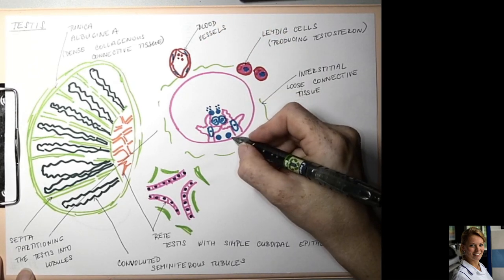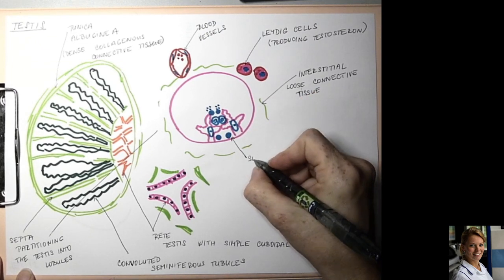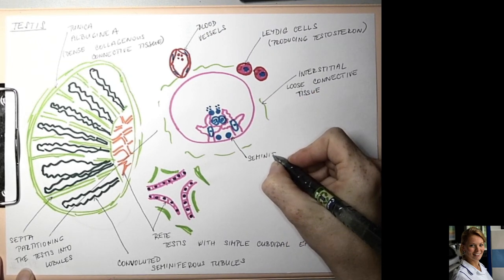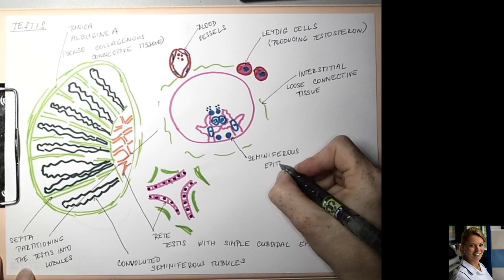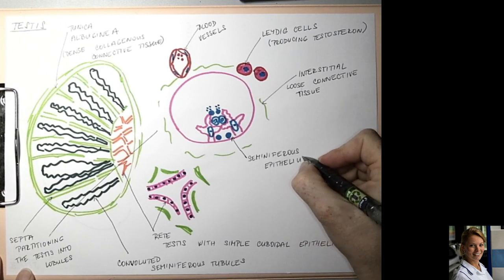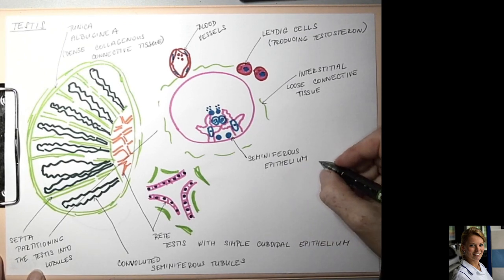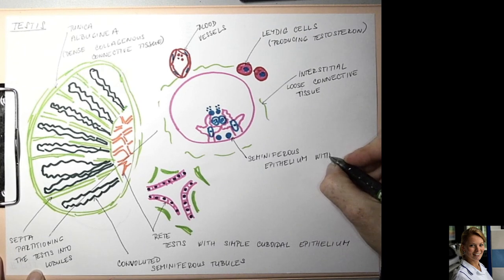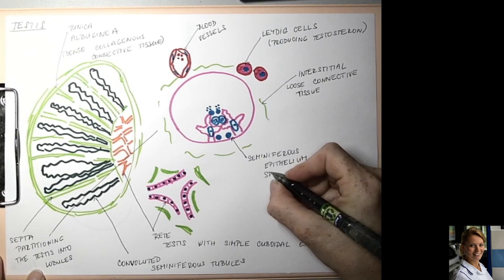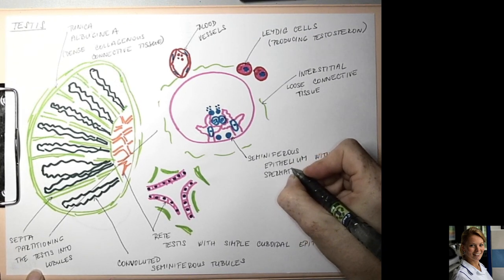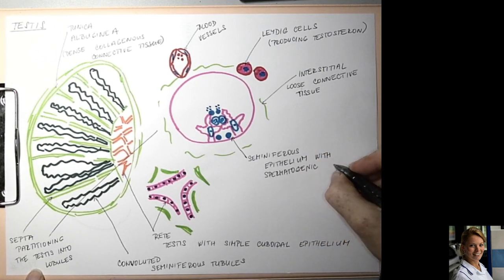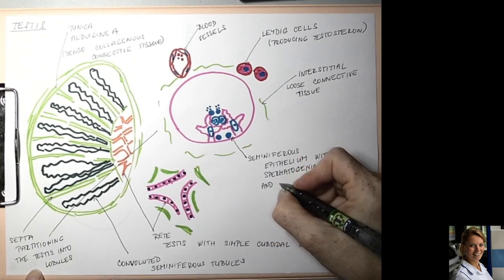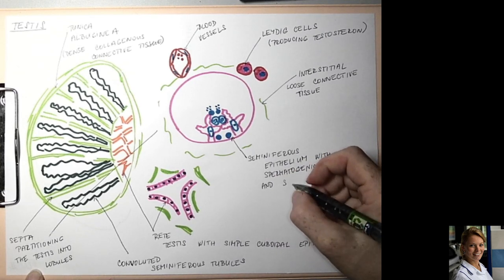And this is the seminiferous epithelium with spermatogenic cells and supportive Sertoli cells.